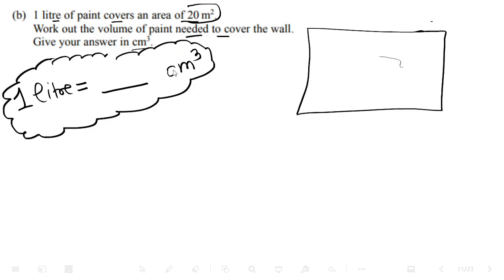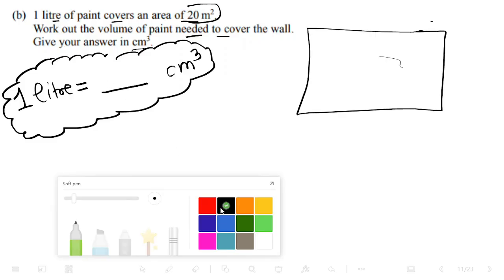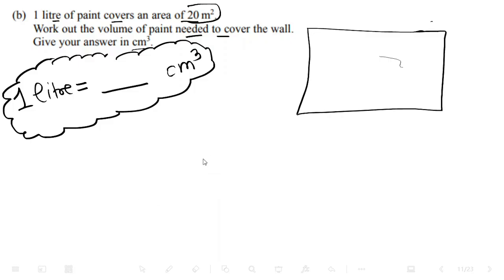Okay. So 1 liter equals to dash centimeter cube. Is it 2000?